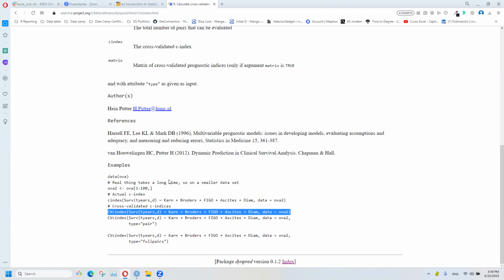When we are doing machine learning, we first split our data set, maybe 30% to the test data and the rest to the training data. And with the training data, we apply the cross-validation. But I haven't seen any function to compute the C index on the test set. Well, I think that with the training would be enough, maybe.